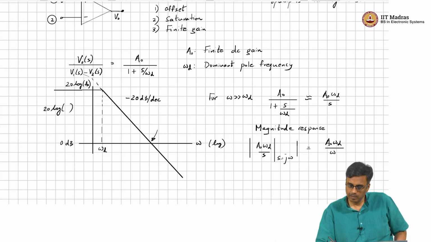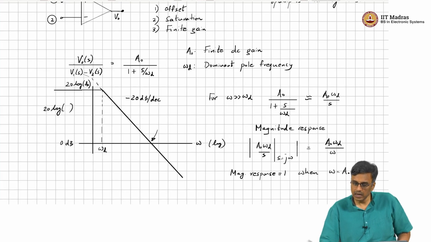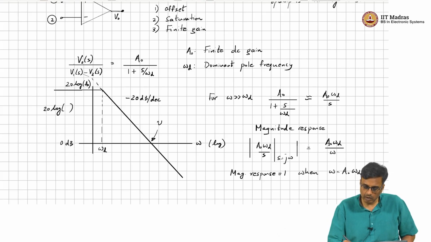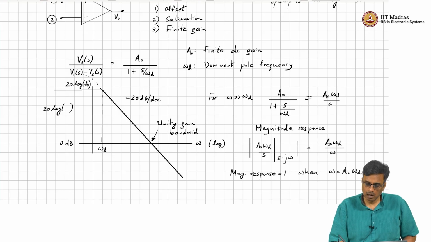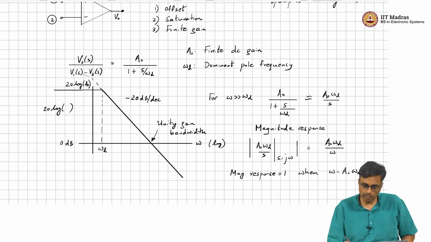And the magnitude response is 1 when omega is equal to A naught omega D. So, 1 is unity. So, basically this is called the unity gain band of the opamp, and is given by A naught omega D.